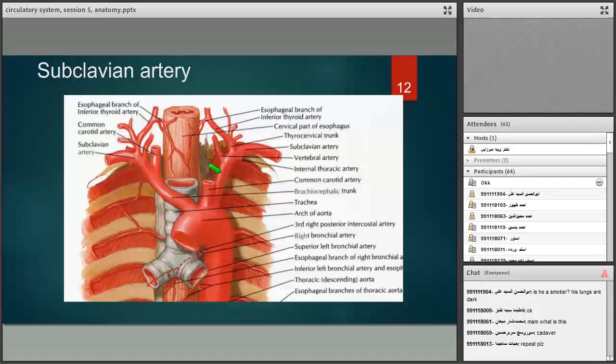The beginning part of these arteries are placed inside the chest. But on the right side, the right common carotid and the right subclavian arteries are placed outside the chest because they are branching from the brachiocephalic trunk.